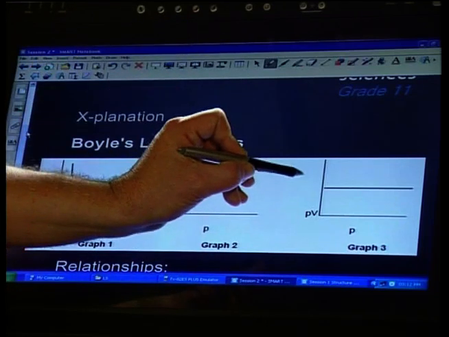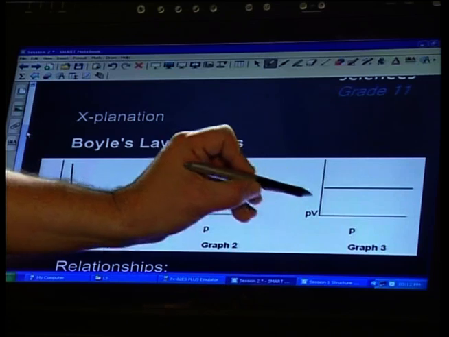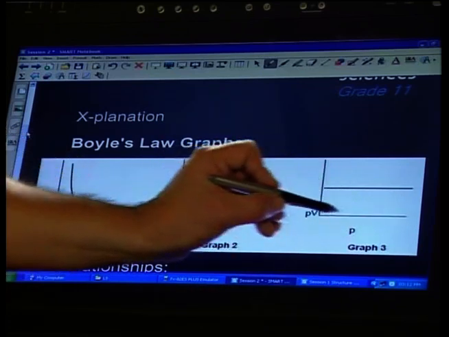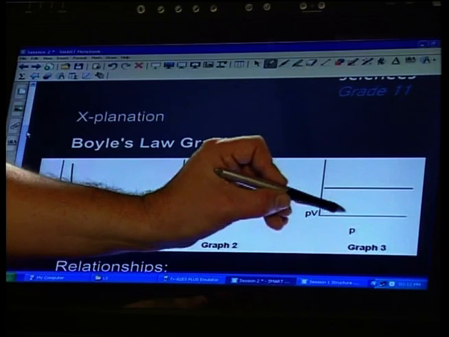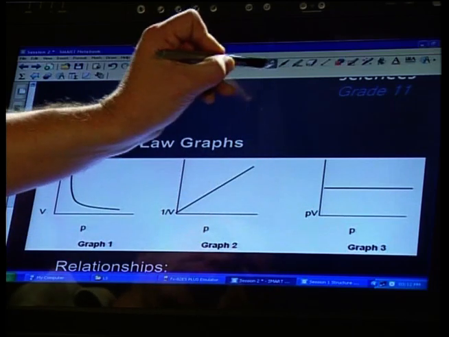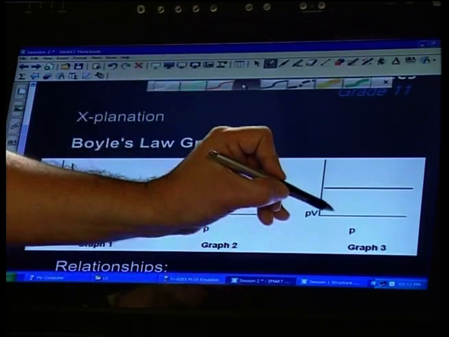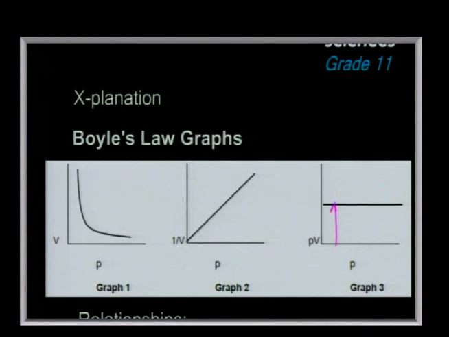This is saying the product of pressure and volume at different pressures doesn't matter what's happened to the pressure. So here's a low pressure, here's a high pressure, there's an even higher pressure, but the product of pressure and volume remains the same because this is a hyperbola. So there's another graph for you just to take note of.